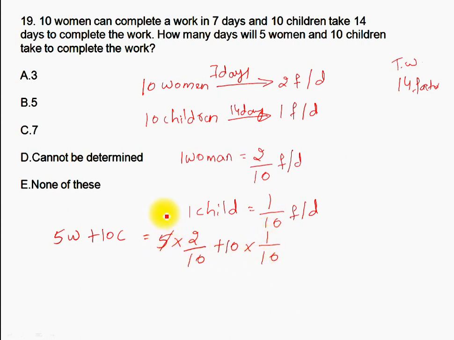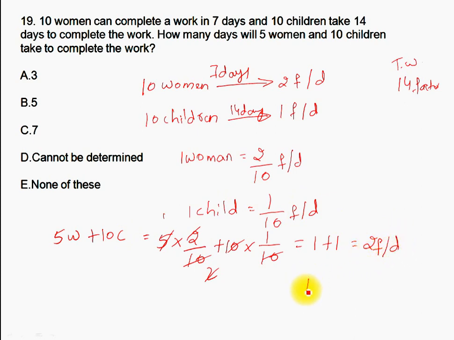We will simplify this. The 2 will get cancelled, 10 and 10 will get cancelled, so 1 plus 1 will be remaining. This comes out to be 2 factors per day. If there are 5 women and 10 children, they will work together 2 factors of work per day.